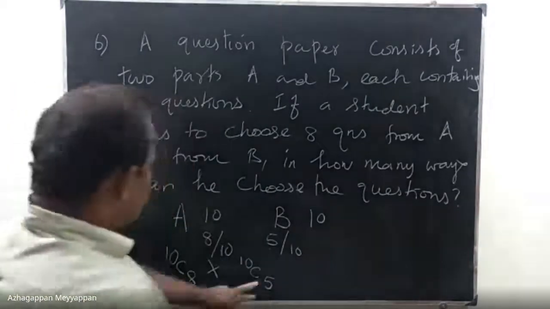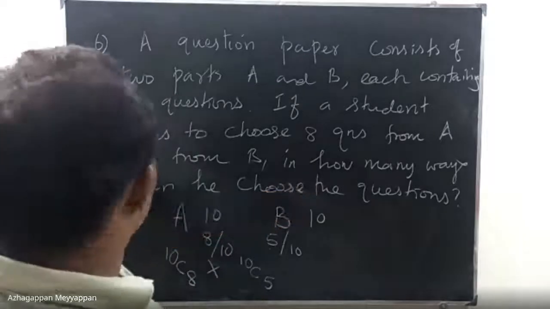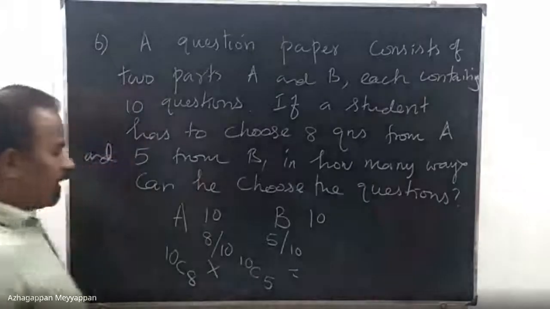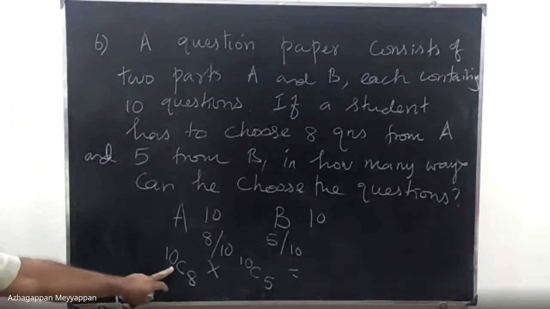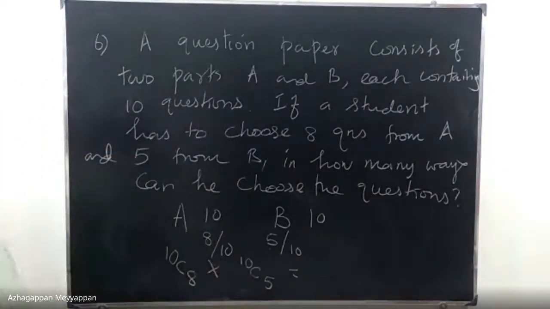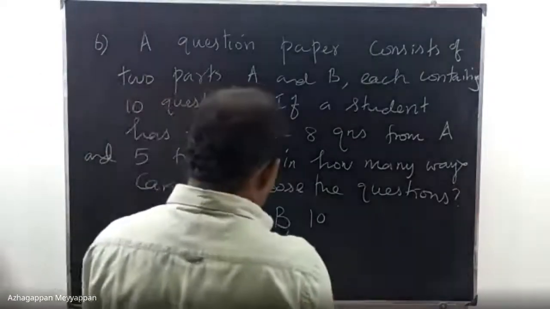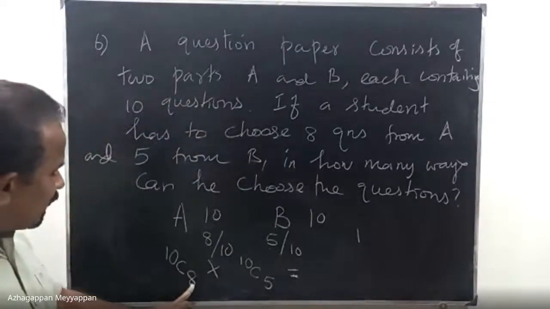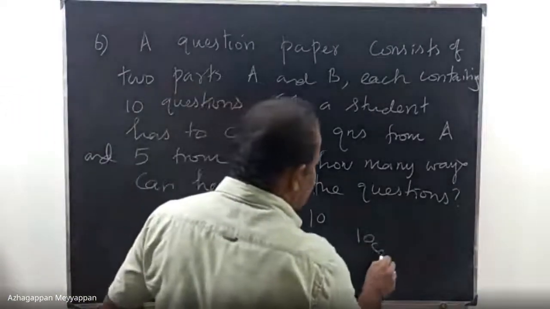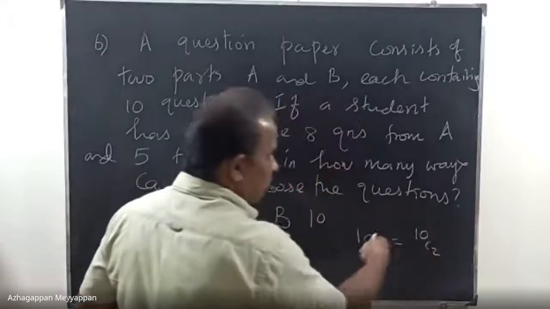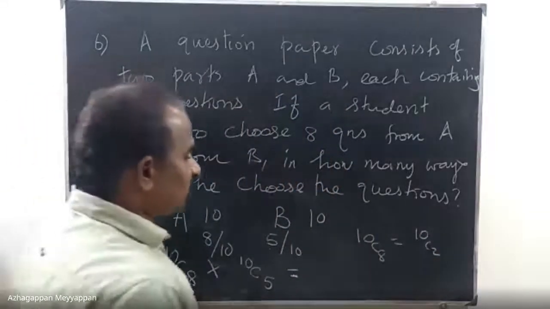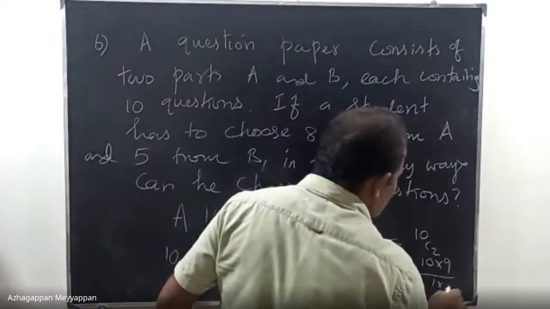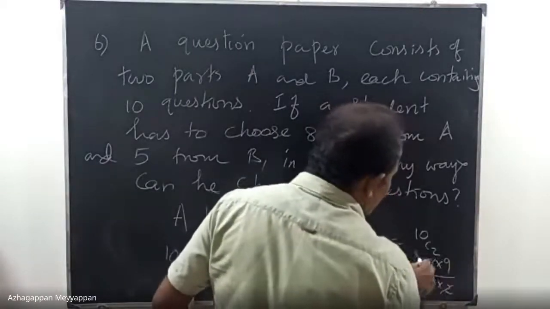So whatever the value you get, that will be the answer. 10C8 into 10C5. Now 10C8 is equal to 10C2. Equidistant coefficients are equal. So 10C2 is nothing but 10 into 9 divided by 1 into 2, so therefore 45.